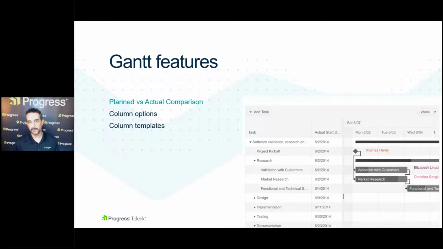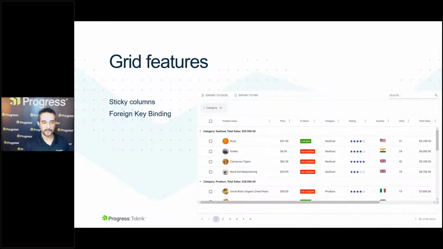Plan versus actual comparisons are very, very important to the financial industry, and we've listened to feedback from our financial customers and integrated some plan versus actual comparisons in the Gantt, so that's really handy to have. We have column options and column templates now in the Gantt as well, so you can fully customize that Gantt chart to whatever you need.